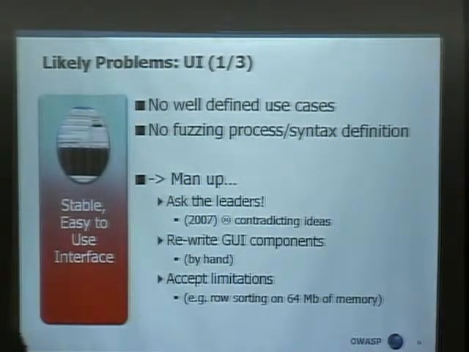So how do we solve the problem of the user interface? Well, we asked the OWASP leaders. Unfortunately, we got very, very contradicting results there. So let me give you some examples. If you ask Dennis Cruz what he wants from a fuzzer, it pretty much resembles the Burp Suite. And who in here is familiar with the Burp Suite? Good.